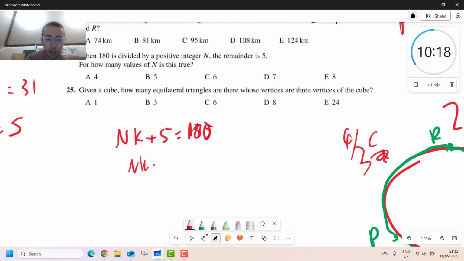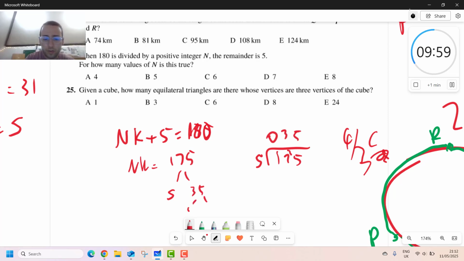So I mean nk is 175. So how many ways can I make 175? That's 5 times 35. So it's 5 and 7. So it's 5 squared times 7 to the 1. So there's 6 ways of making 175.